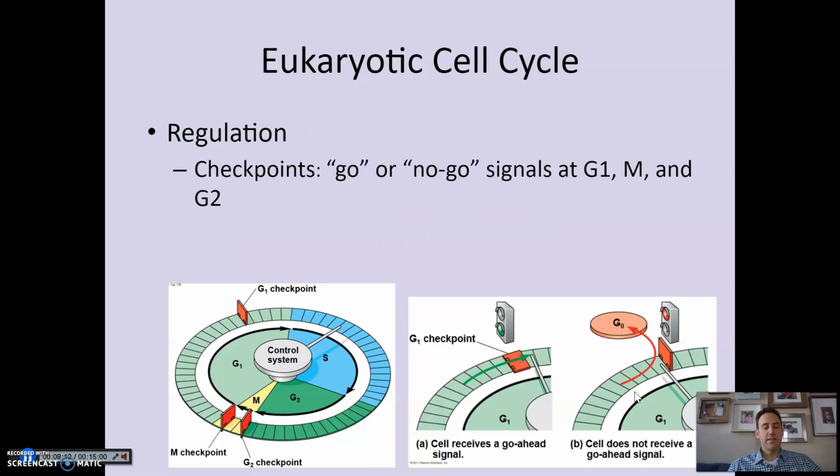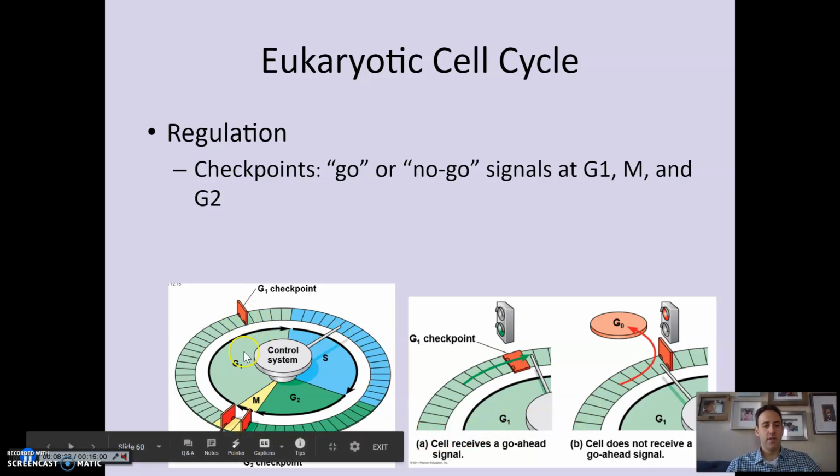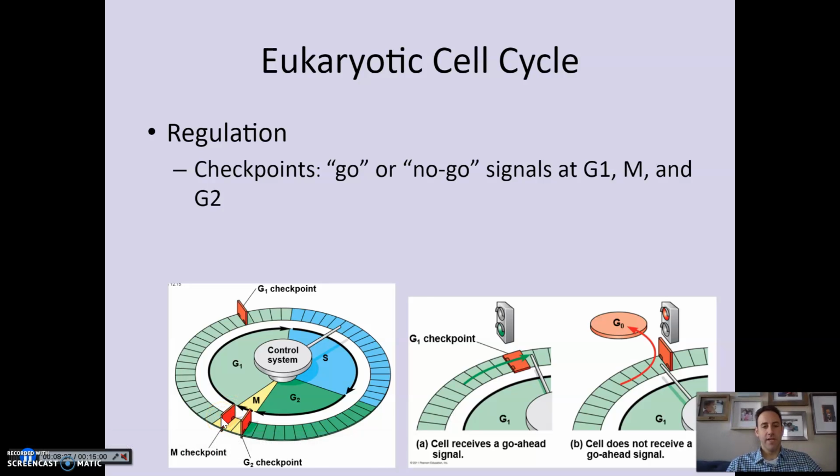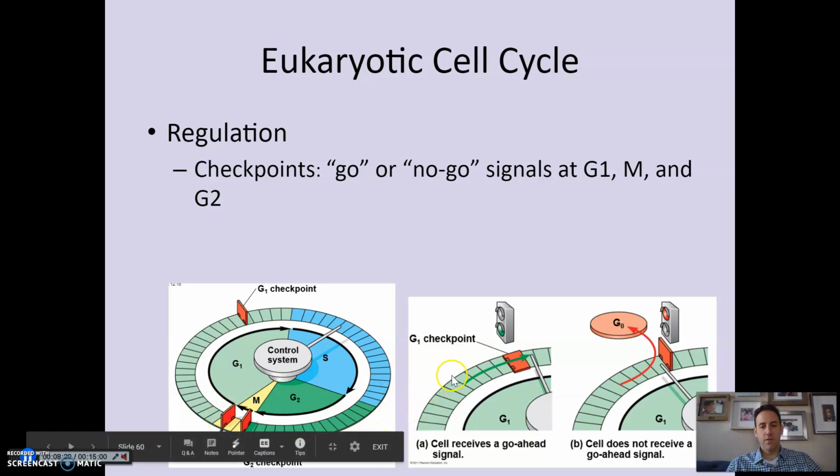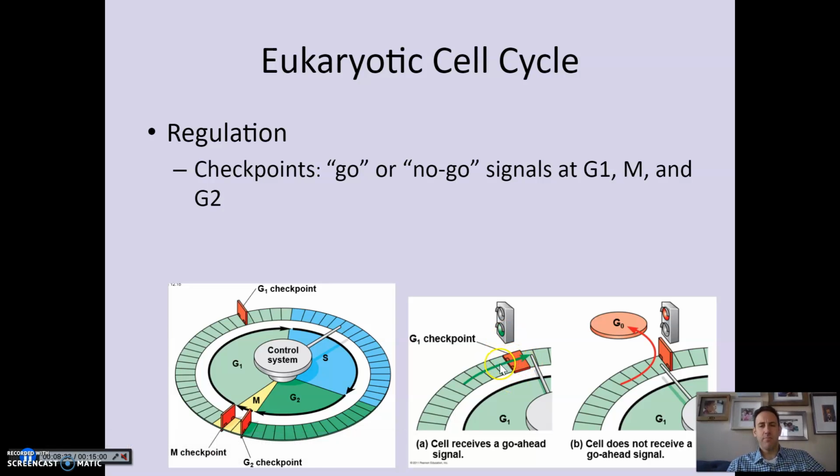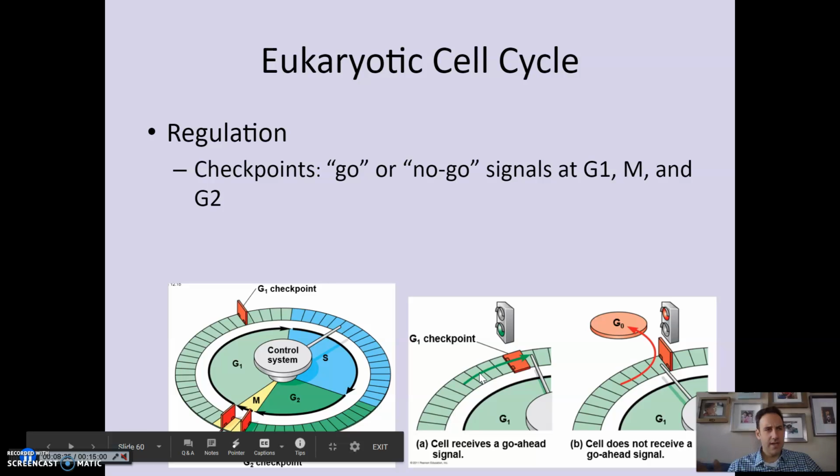Another way we regulate the cell cycle is with what are called checkpoints. Checkpoints are go or no-go signals at specific points of the cell cycle, specifically G1, G2, and M. Think of them like little stoplights. We're moving along, ready to divide, and then we hit this checkpoint, and there's a little pause, and the cell looks, okay, is everything looking good?